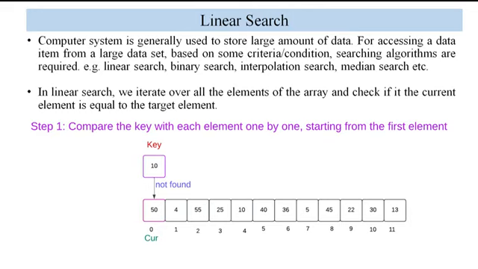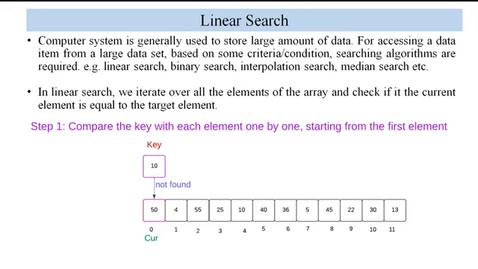As I told you, in linear search we compare the element to be searched starting from the first location, and we proceed one by one till the last location until we get the desired element. In this example we compare the key 10 with the first key stored in the array, which is 50.